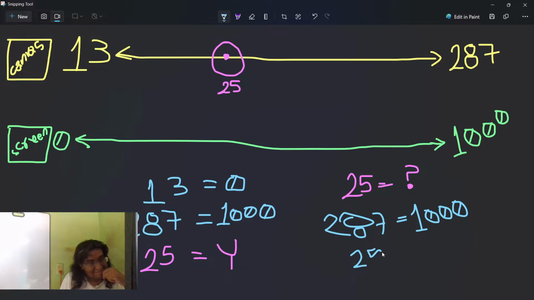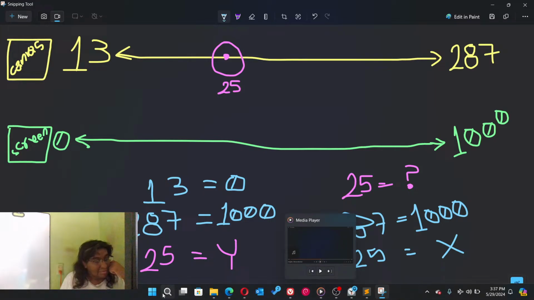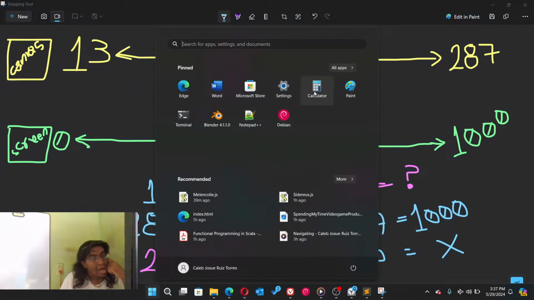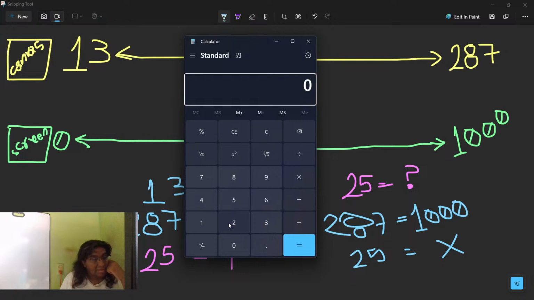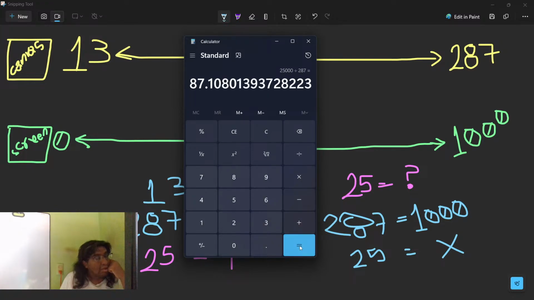Should be greater than 13, but for sure. Now we multiply these two. 25,000, and divide by 220, which I'm not going to do manually because I already did a lot of this. Divided 87. Do you believe this thing?